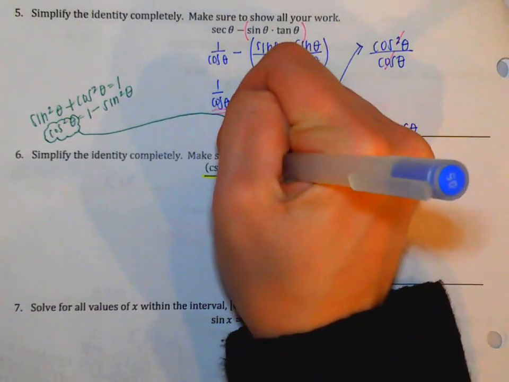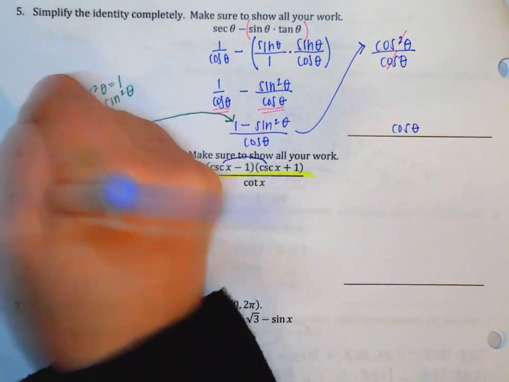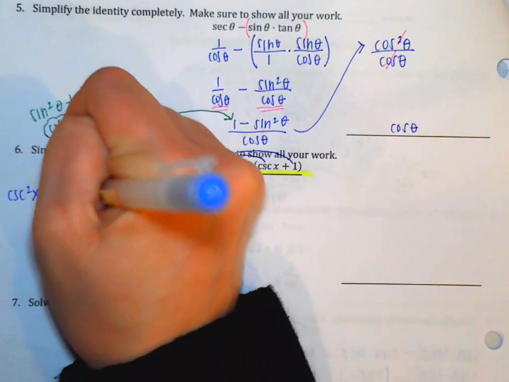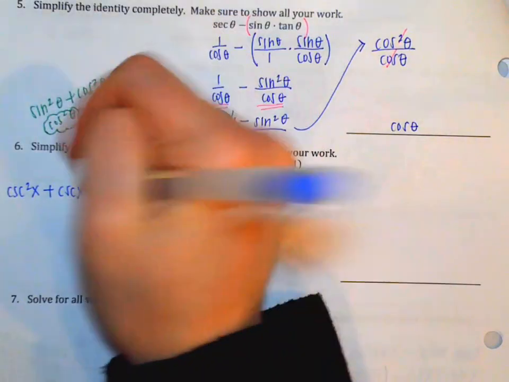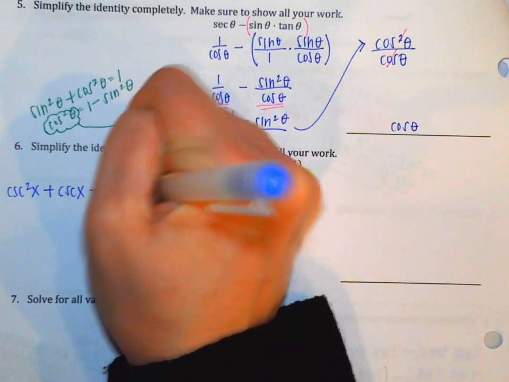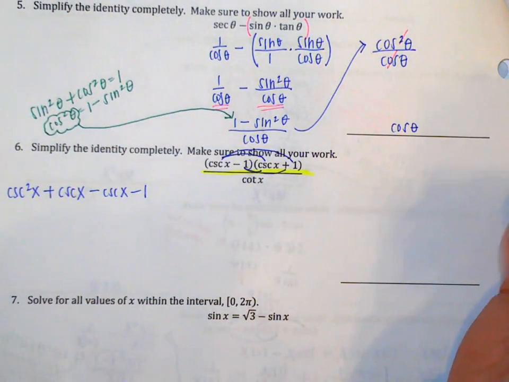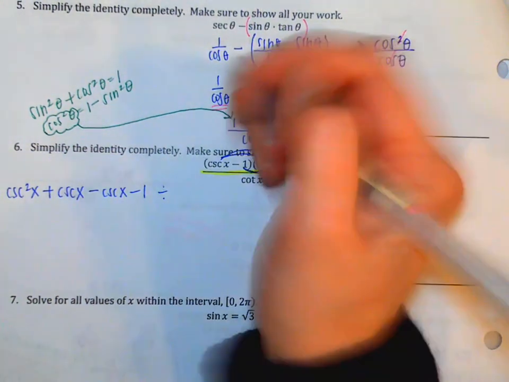So that's going to be cosecant times cosecant, so cosecant squared x. Cosecant times positive 1 is cosecant x. Negative 1 times cosecant is negative cosecant x. And negative 1 times positive 1 is negative 1. And then divided by cotangent x.